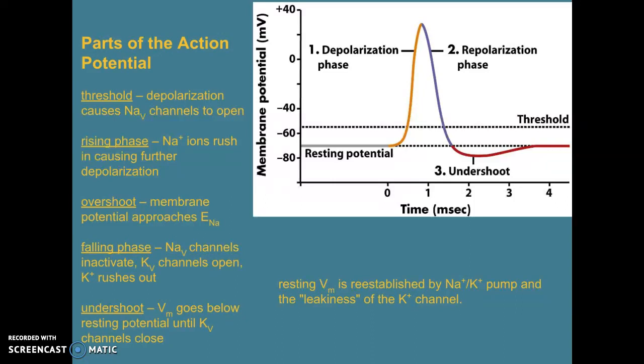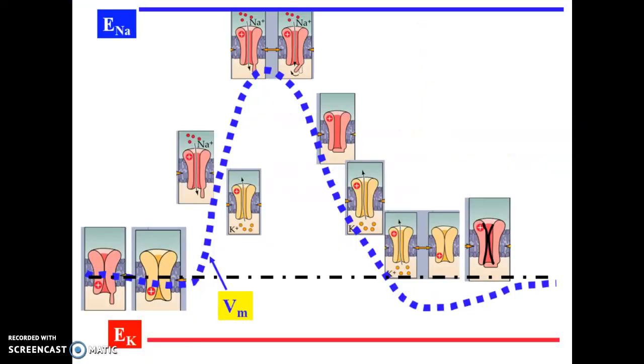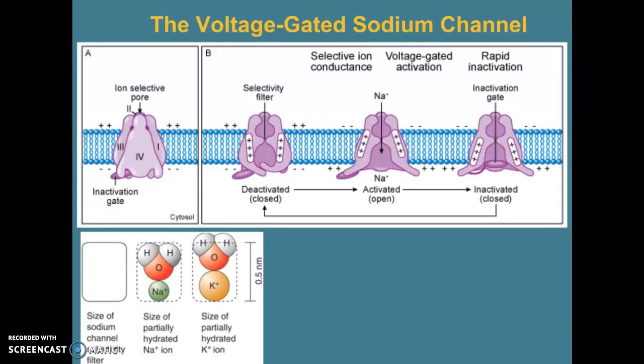And so it's going to undershoot that -70, moving toward -90, before those potassium channels will finally shut, and we will reestablish the resting membrane potential by the action of the sodium-potassium pump and the leakiness of the potassium channels that established it in the first place. So you're going to want to memorize which channels are open at different phases of the action potential.